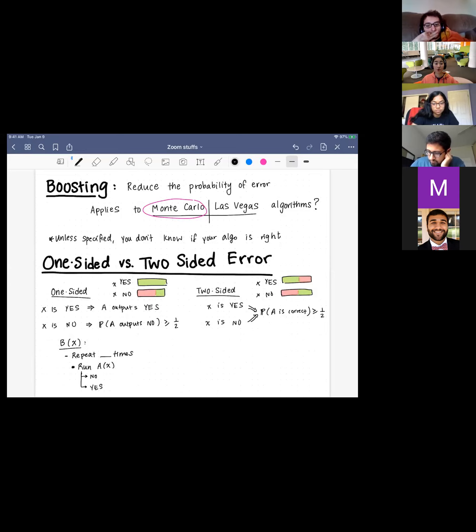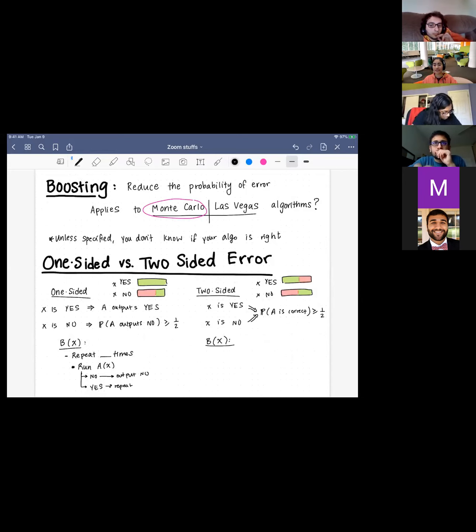Yeah, we know for a fact that the correct answer then has to be no. So if the algorithm outputs no, our boosted version can output no. If the algorithm outputs yes, we aren't really certain, but we can just repeat. In other words, this goes back to the start of this loop. Yeah, we just continue. I guess that would be the more correct way of writing this, continue, because we wrote repeat twice. But anyways, get the idea.